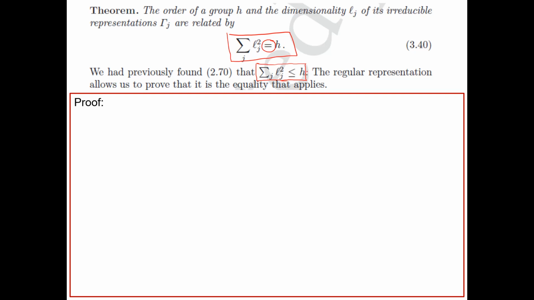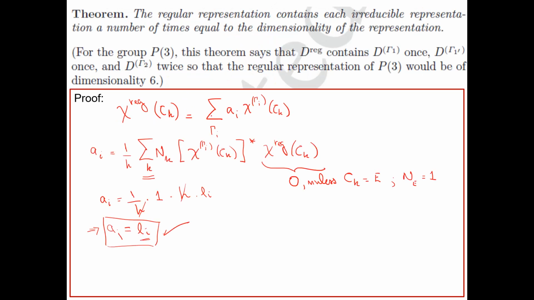All right. So the proof is very simple, and again, I'm going to use the fact that the character of the regular representation corresponding to the symmetry operation E, the identity, is equal to H, the order of the group. Okay. And I'm also going to use this decomposition result again.